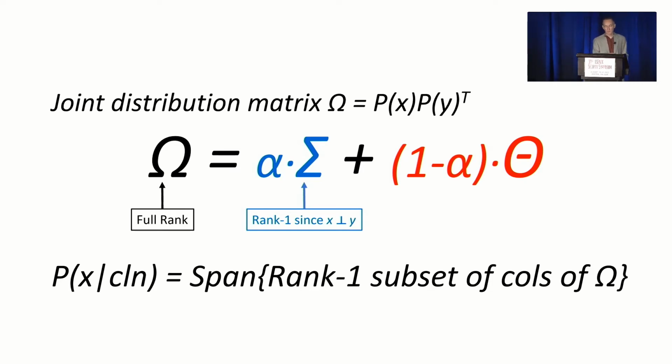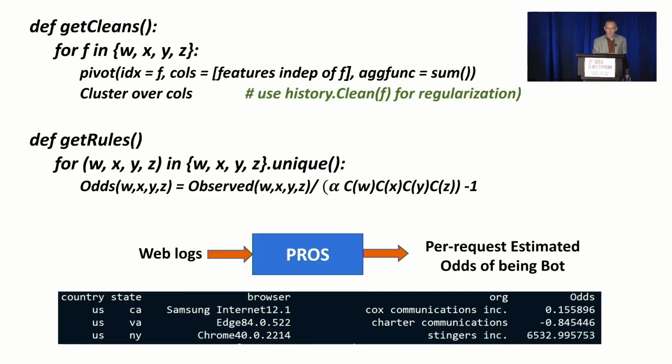Again, it's stated a little more formally and algorithmically in the paper, but to skip right to the punch, the distribution of x in clean is given by the span of the largest rank 1 subset of columns of that observed distribution matrix. You just take a pivot matrix of x versus y, and the clean distribution of x is the span of the largest rank 1 subset of columns that you can find.